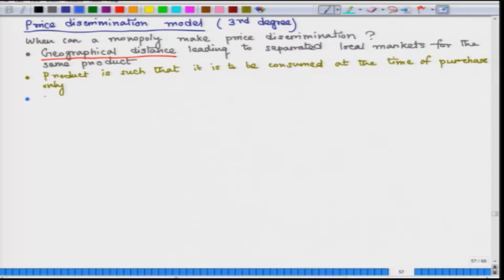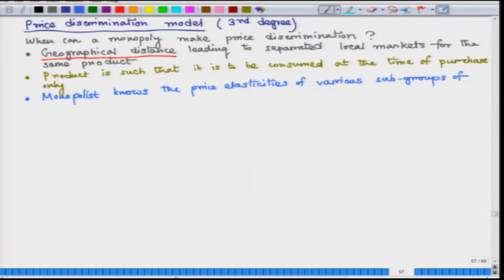The third condition which is required to price discriminate is that the monopolist knows the price elasticities of various subgroups of consumers.